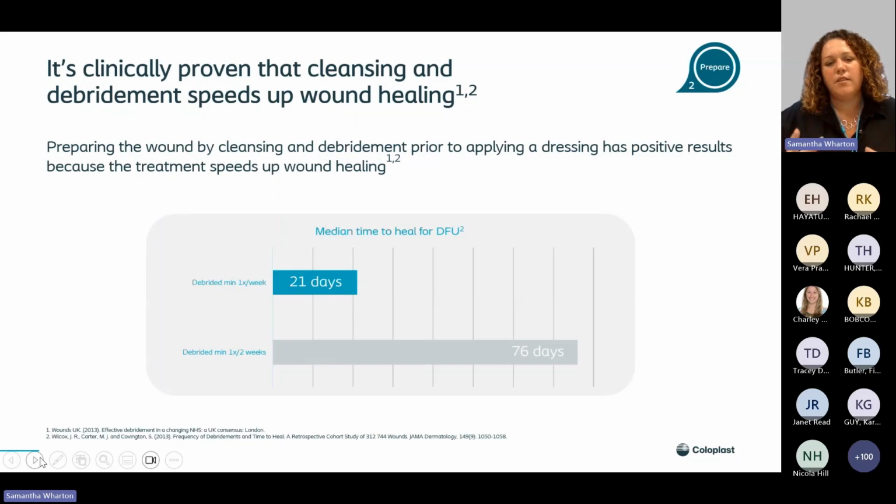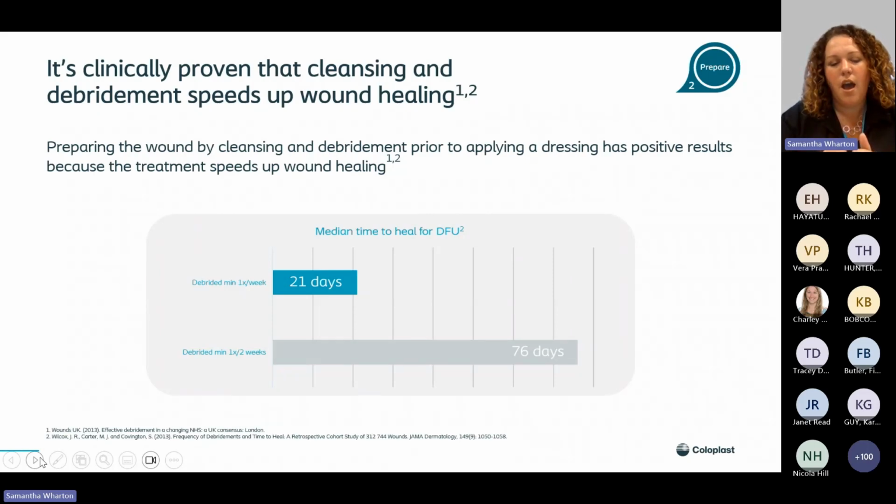Throughout this study, it showed that if you debrided a wound once a week, the mean time for it to heal was 21 days. And if you debrided it once every 2 weeks, the time to healing extended to 76 days.